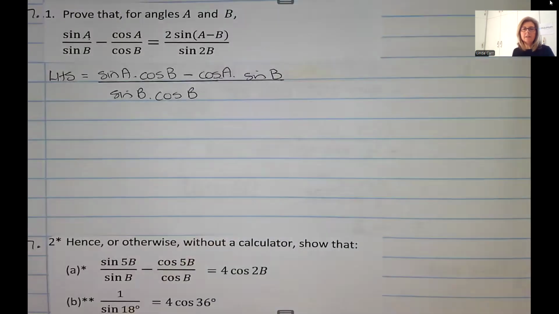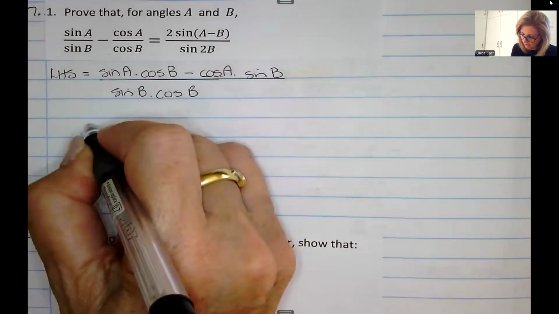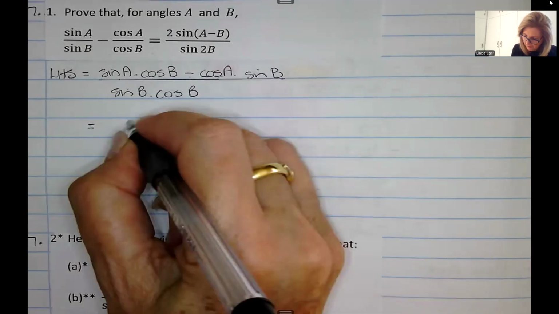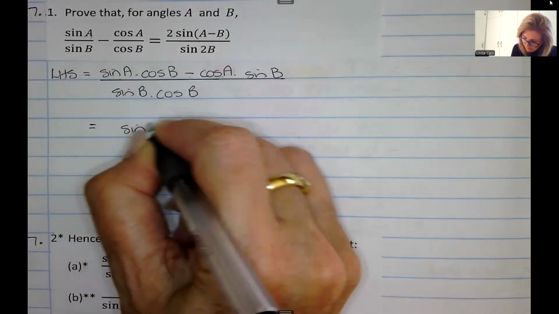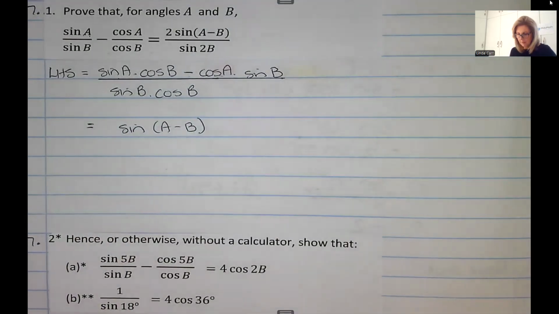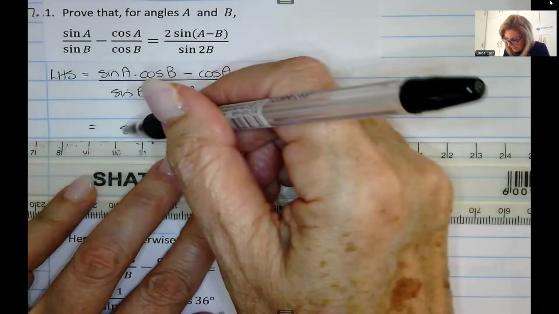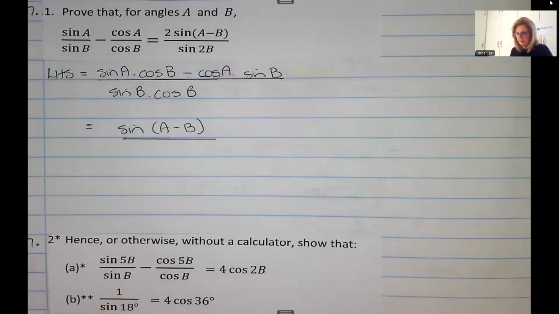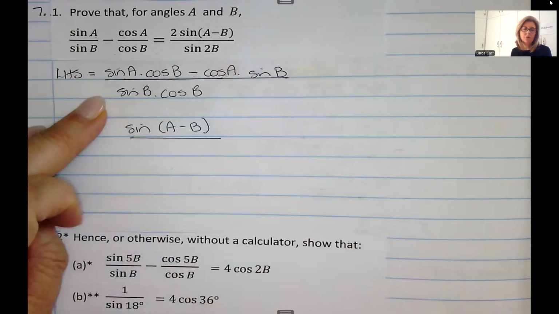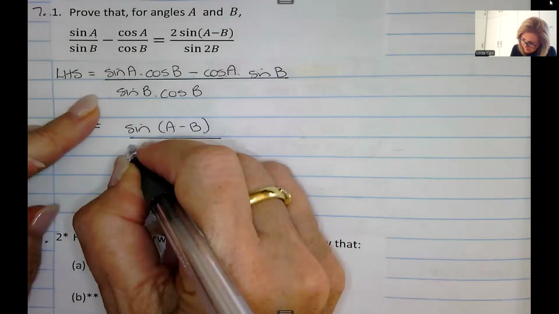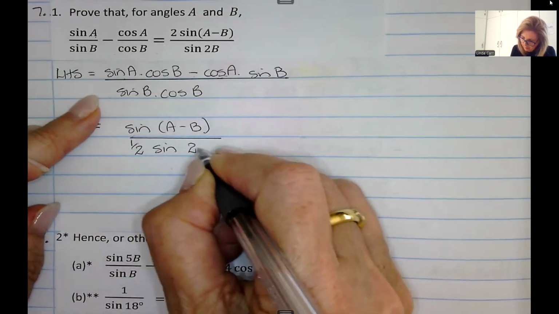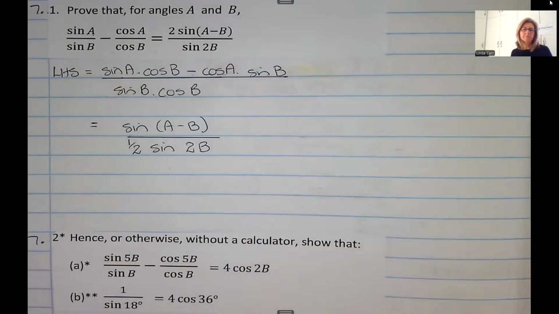Okay, let's see if we can take that a little bit further. Maybe we won't have to work too hard on the right-hand side. Sine cos minus cos sine, that is your sine compound angle identity. At the bottom, once again, I've got the sine cos without the 2. So it's the half sine double angle.